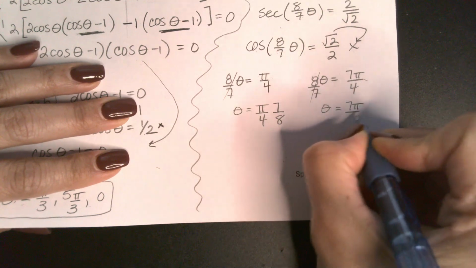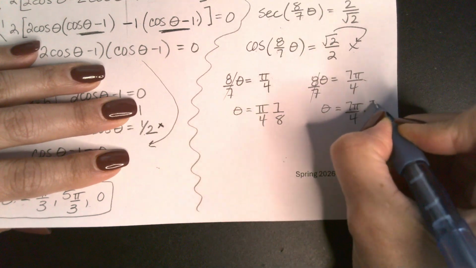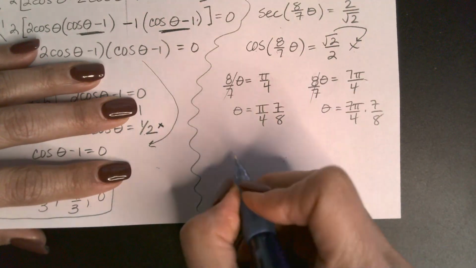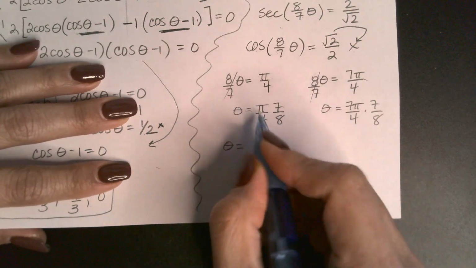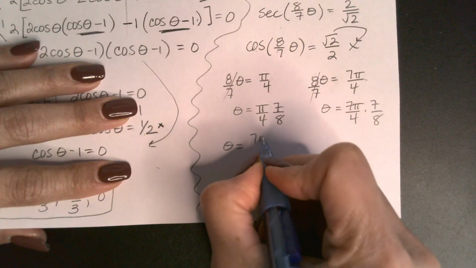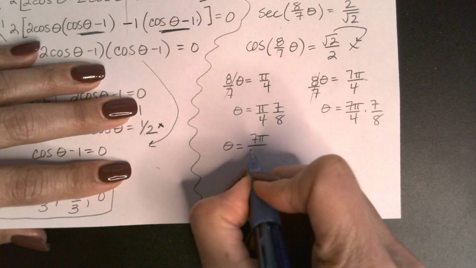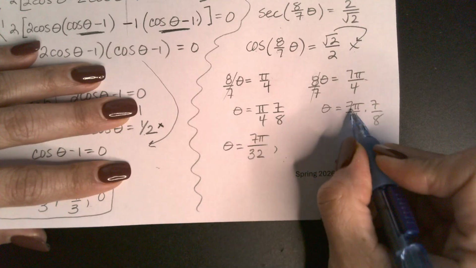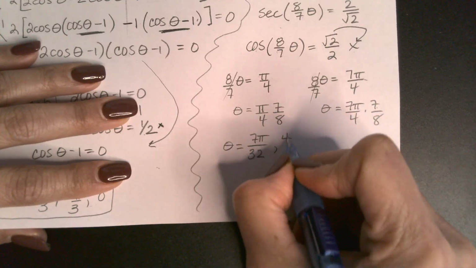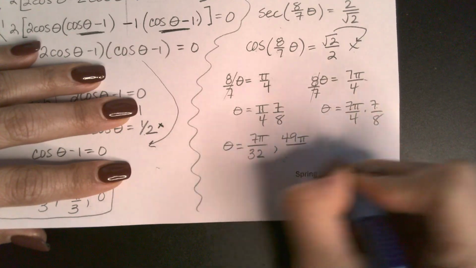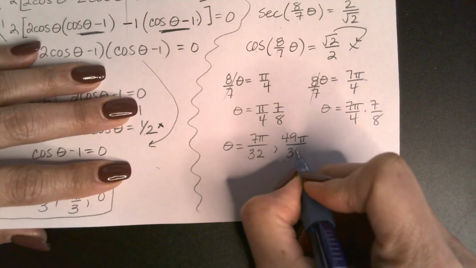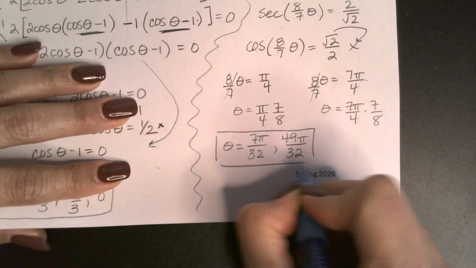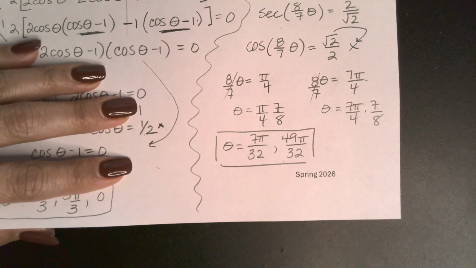So 7 pi over 4 multiplied by 7 over 8. That's it. So now we just do some arithmetic. Pi times 7 is 7 pi. 4 times 8 is 32. That cannot be reduced. 7 pi times 7 is 49 pi over 4 times 8 is 32. And there you have it. You have solved the equation.